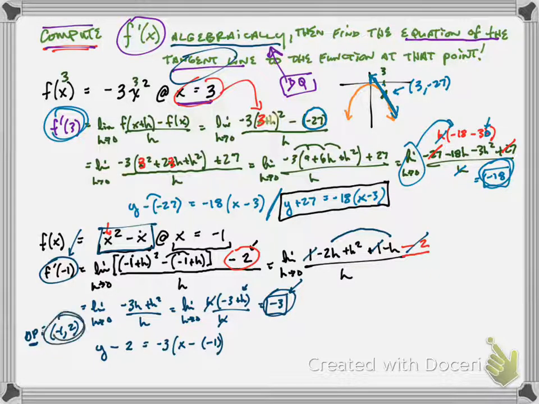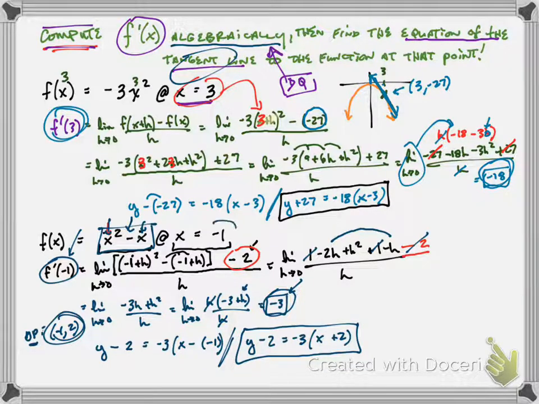I got that ordered pair by substituting negative 1 into the function. So negative 1 squared is 1, minus negative 1 is plus another 1, that gives me 2. So clean this up. Point slope form, y minus 2 is equal to negative 3 times the quantity x plus 1. And again, that is the equation for our tangent line. The line tangent to the curve x squared minus x, specifically at x equals negative 1.